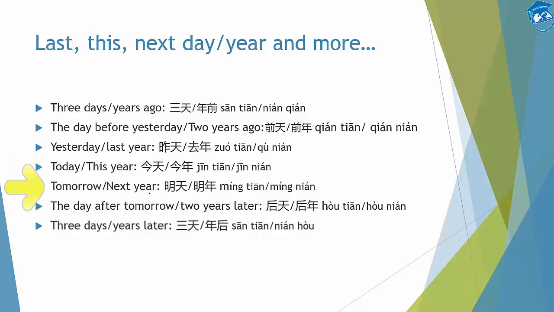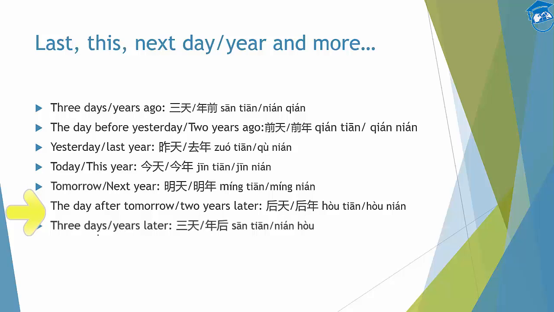And tomorrow is 明天. Next year is 明年. Okay, so you can see the usage of next is similar. And when you want to say the day after tomorrow, it is 后天, or 2 years later is 后年.